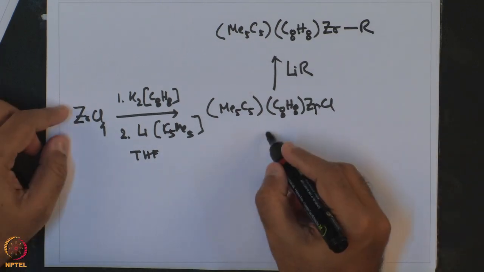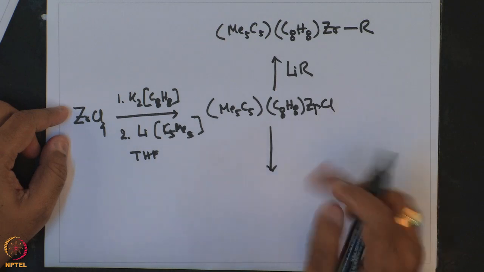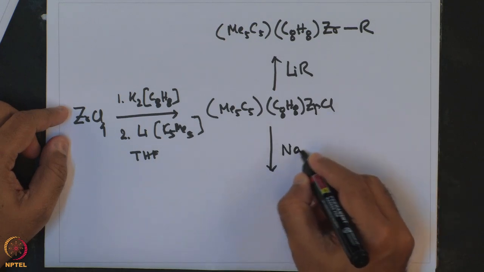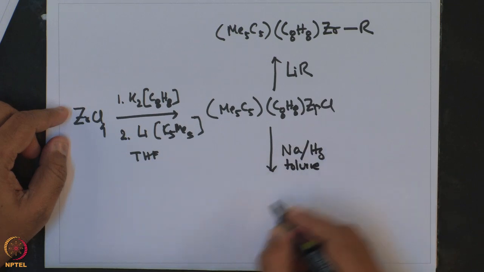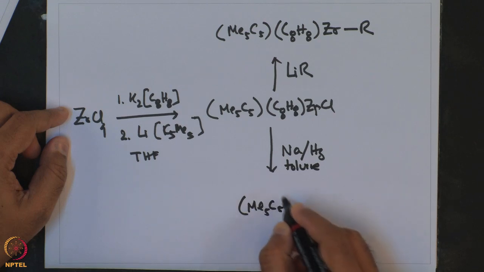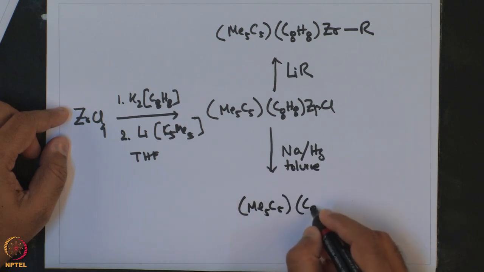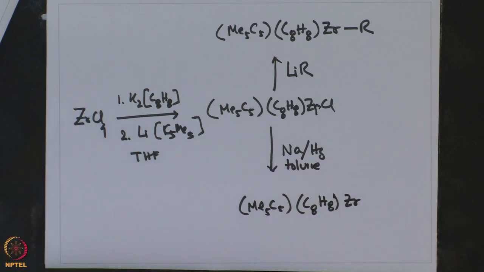And if one were to do this reduction of zirconium 4 over here with sodium mercury amalgam in toluene, then one would end up with (Me5C5)(C8H8)zirconium.